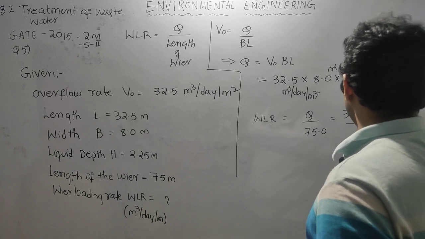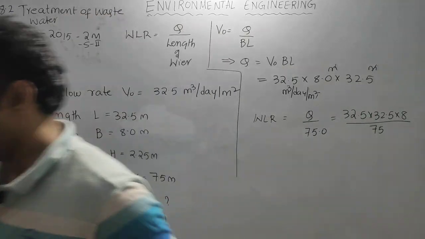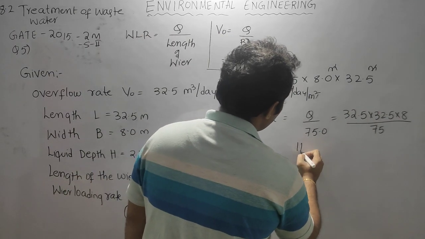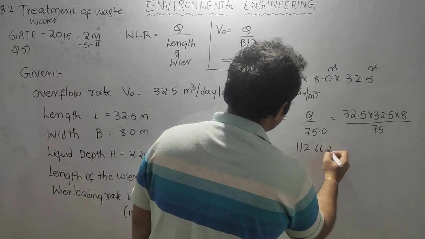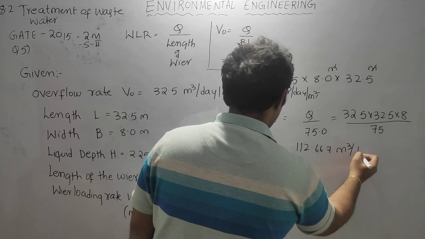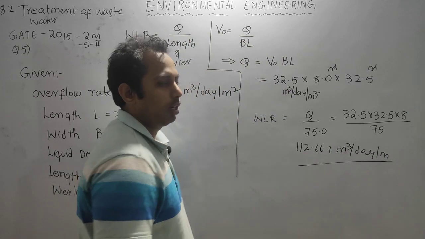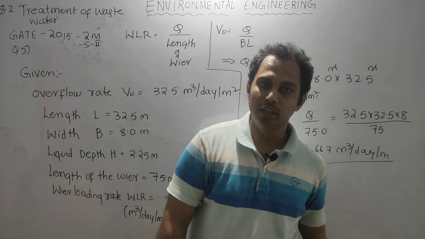That is the weir loading rate, and the answer is 112.667 meter cube per day per meter. We will discuss the rest of the questions in the next session. Thank you so much.